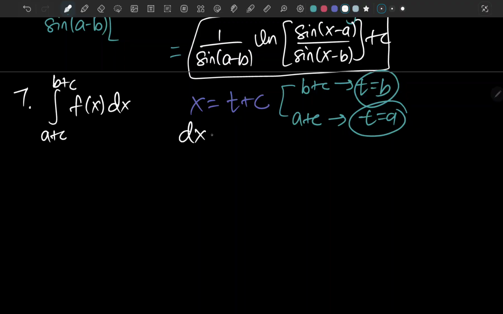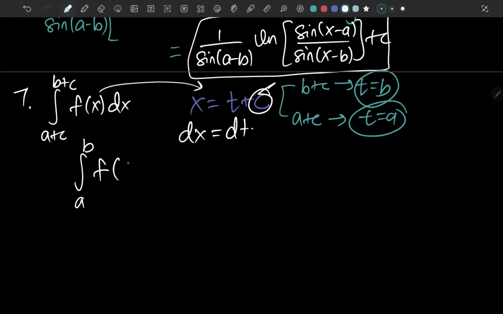And dx becomes dt, because c is a constant, so we don't care about that. So our integral becomes the integral from a to b of f of t plus c dt. And let's just change the index variable t to x.